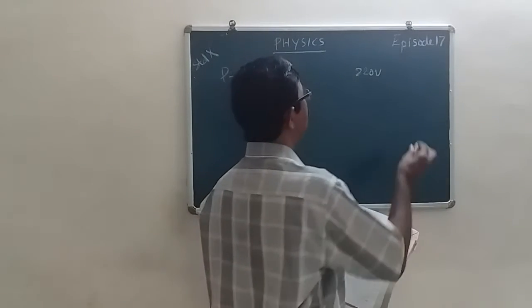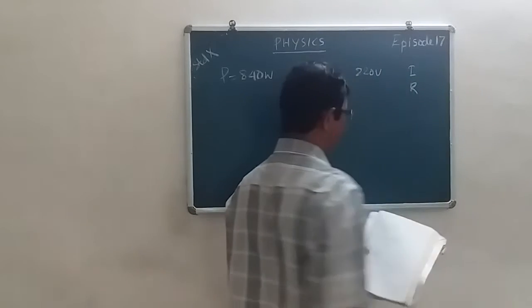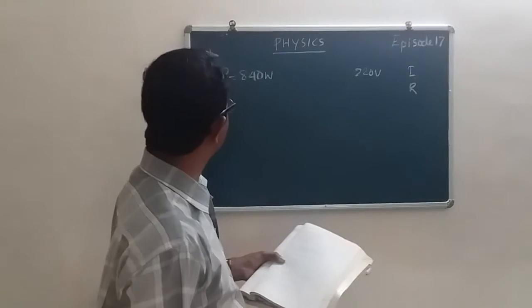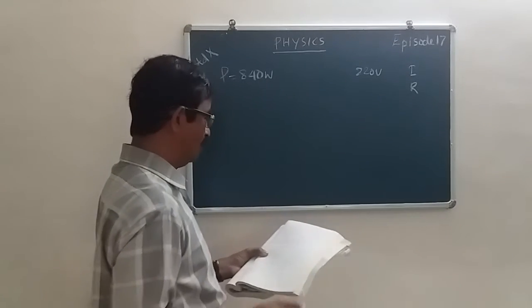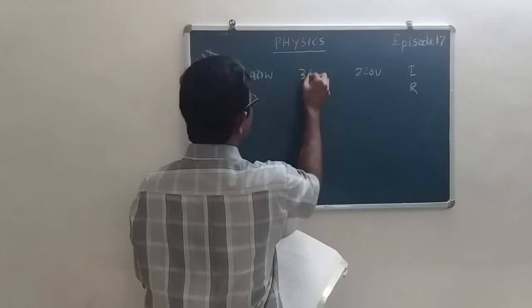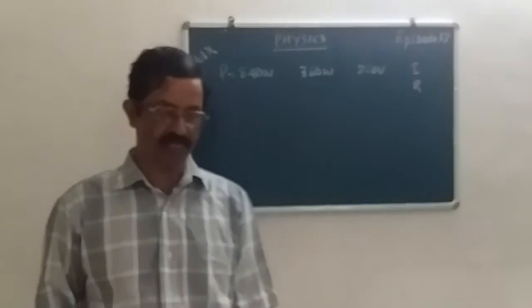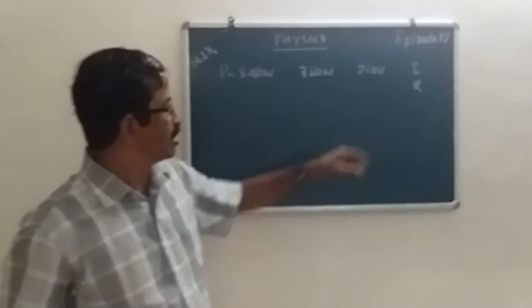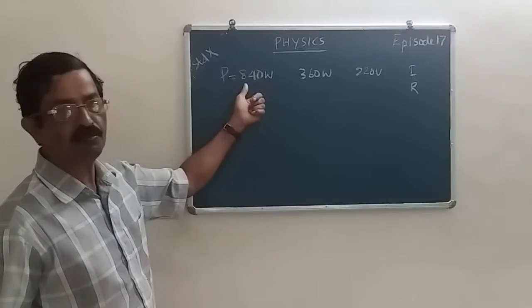That means we want to find the current and resistance in each case. Maximum is 840 watt and minimum 360 watt. First of all, we want to find the current and resistance when the power is maximum.